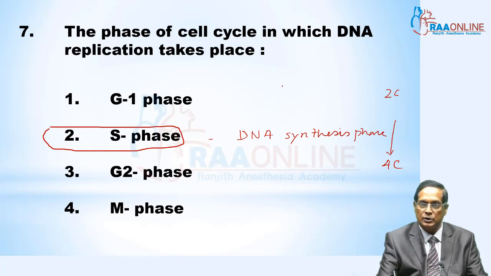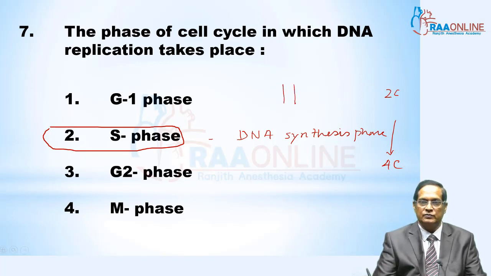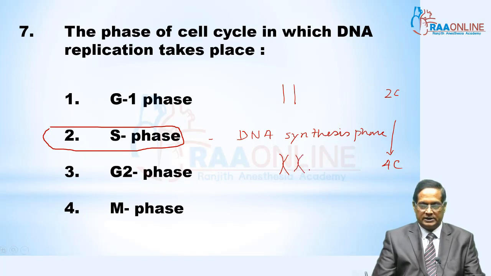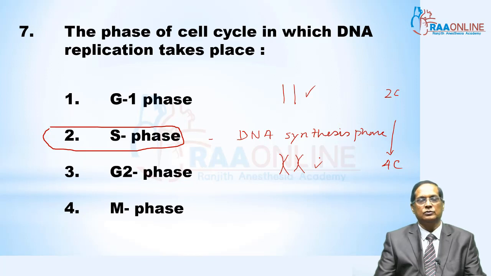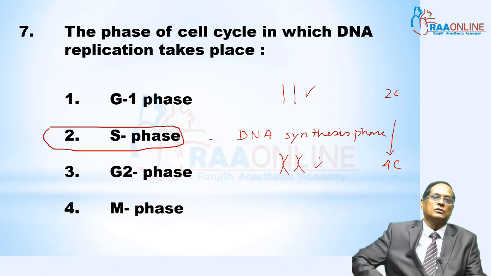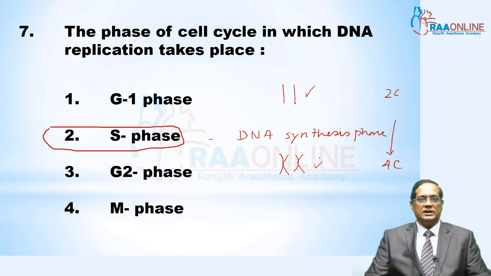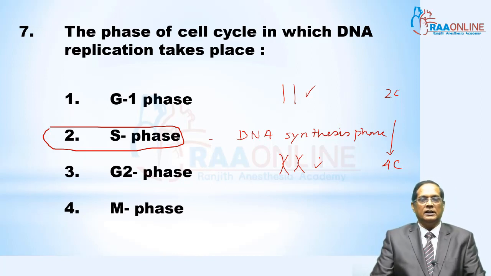Suppose a cell has 2 chromosomes, each with 1 chromatid in G1. After S phase, the number of chromosomes remains the same, but each chromosome is now with 2 chromatids. In G1 stage, chromosomes are in monad state, with only 1 chromatid.